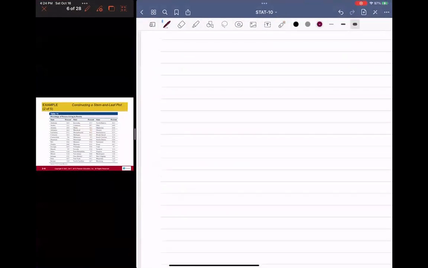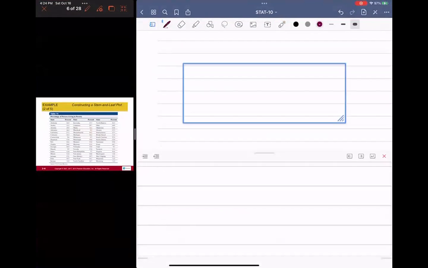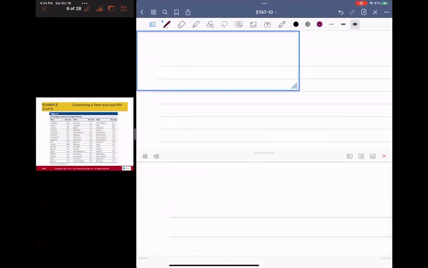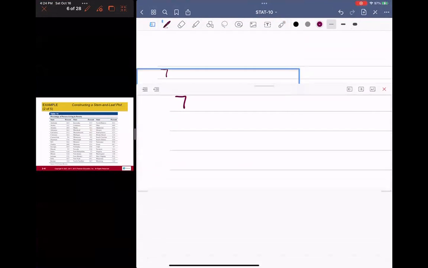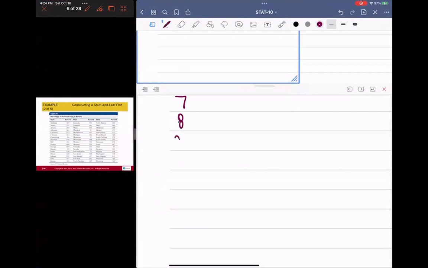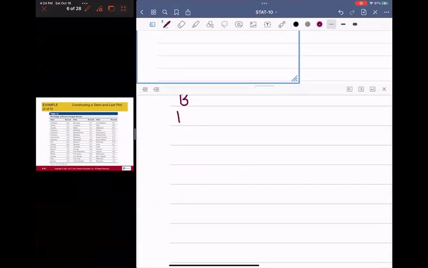So 7 to 19: 7, 8, 9, 10, 11, 12, 13, 14, 15, 16, 17, 18, and 19.